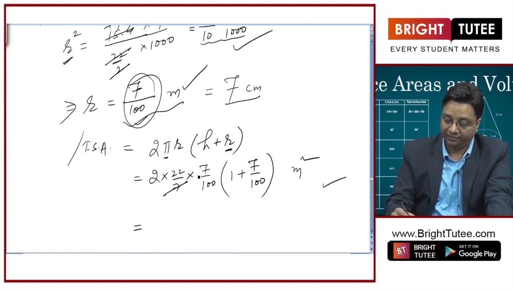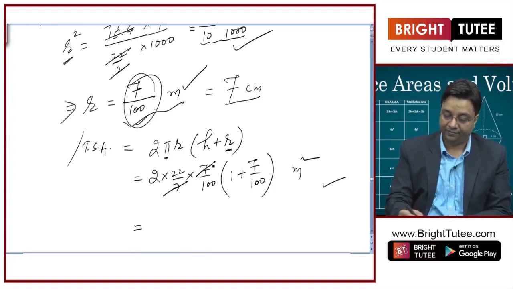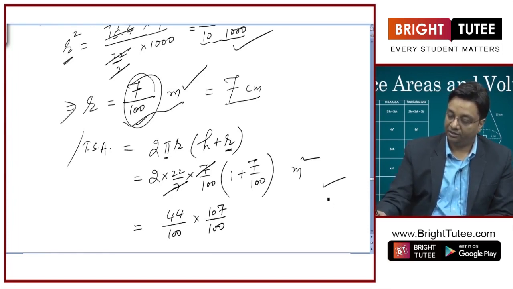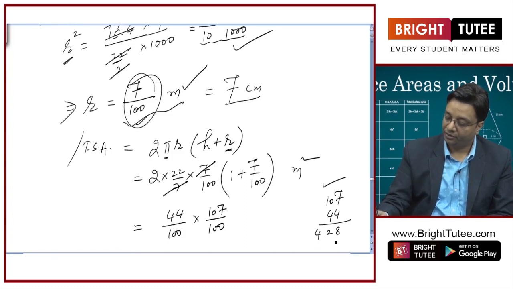So let's find it. This is 44 by 100, and on the inside I'll have 107 by 100. Okay, so now I need to multiply 107 with 44. 4 to 8, 4 to 8.